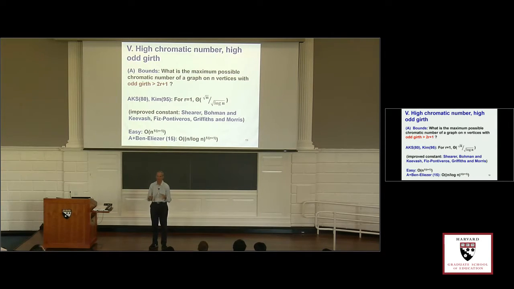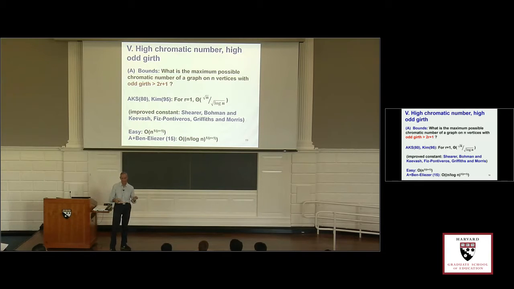So it's easy to see that the chromatic number cannot be more than some constant times n to the 1 over r plus 1. I have a copy of the slides there, but once something is written in small print, I'm not completely sure I can see it.